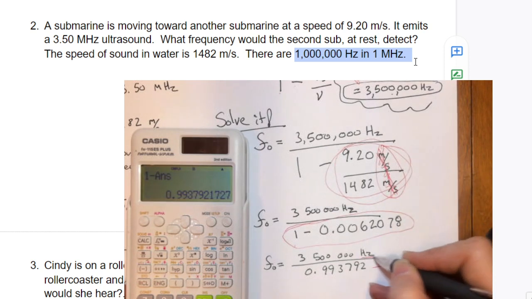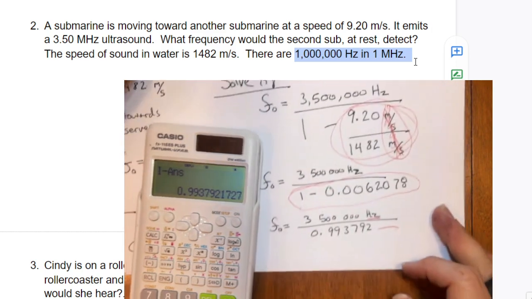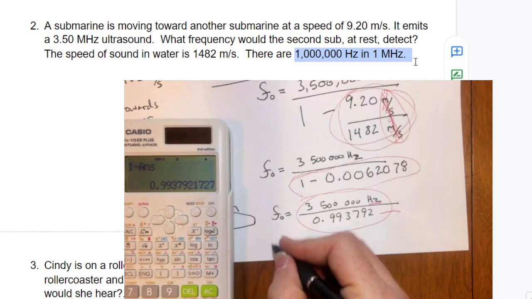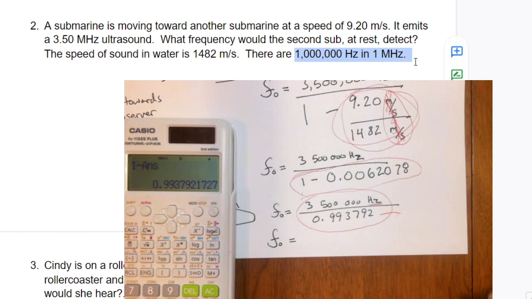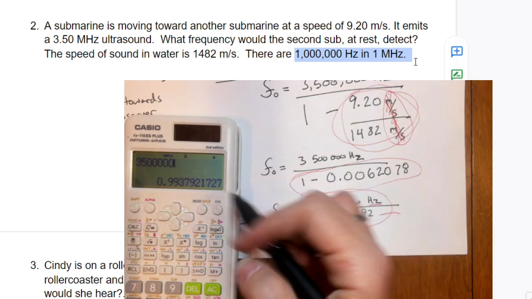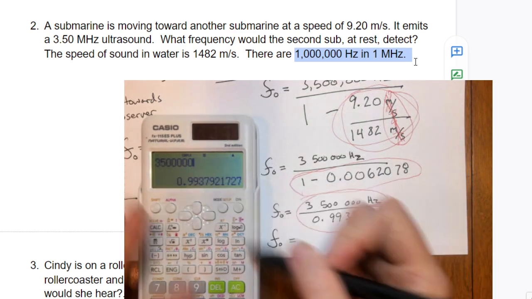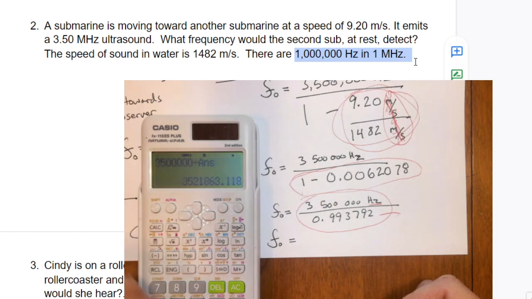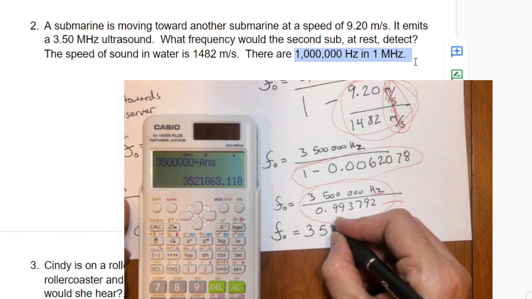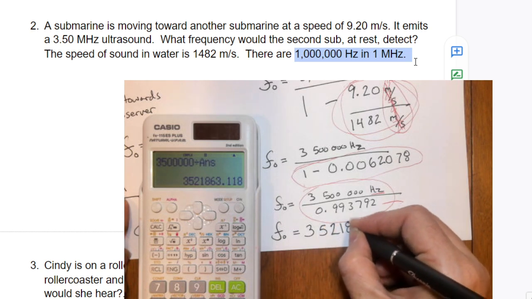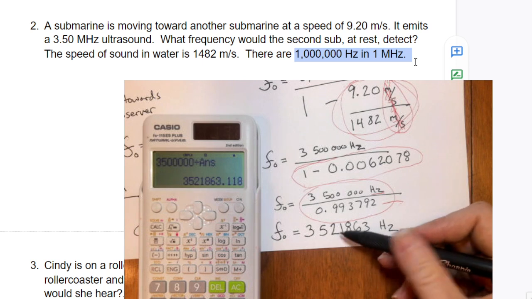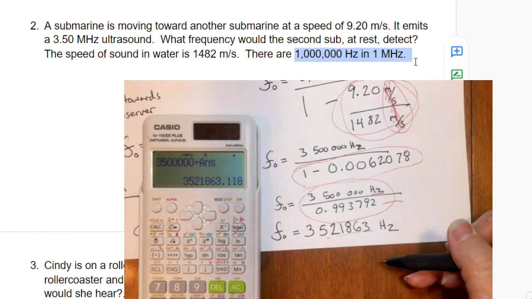The only remaining unit is the hertz in the numerator. The last step is to divide. The frequency is 3,500,000, let me double check my zeros, 1, 2, 3, 4, 5, okay, divided by that answer, and it is 3,521,863 hertz. So you see, it has increased a little, just barely any.